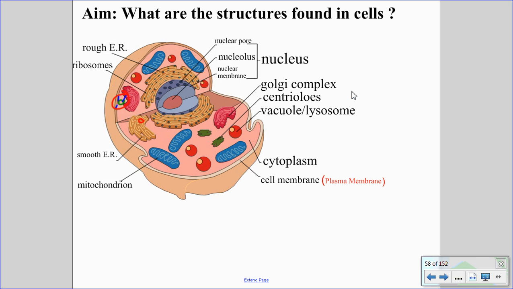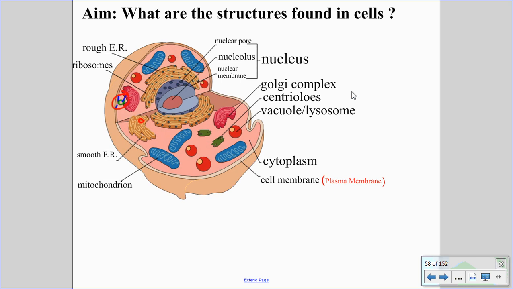If you ever get to visit an automobile manufacturing plant, there are all different sections in that plant. You have the paint department and the electrical department, and each specific department has its job to do, and that's sort of the way the cell is designed as well.